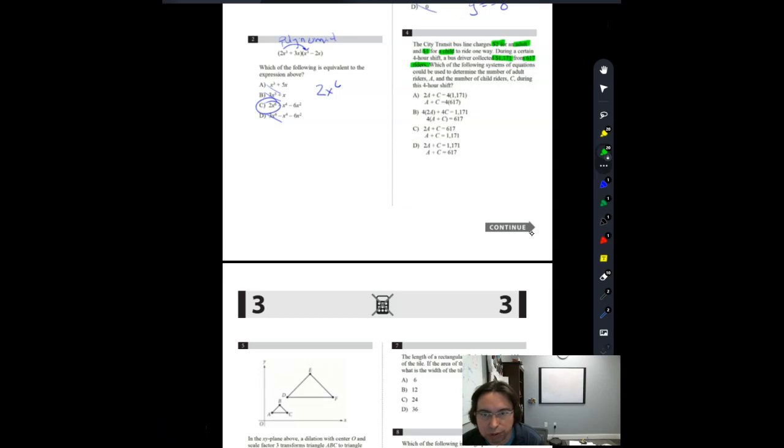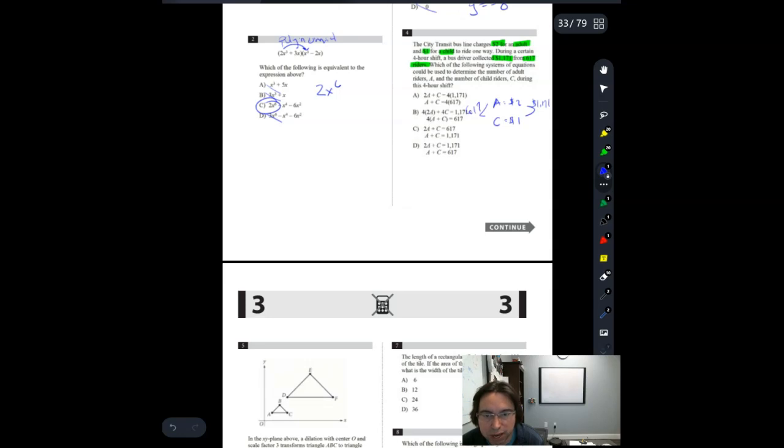Which of the following equations could be used? Remember, we're setting up 2 equations. The adult fare is $2 and the child fare is $1, the driver collected $1,171, and there were 617 riders.